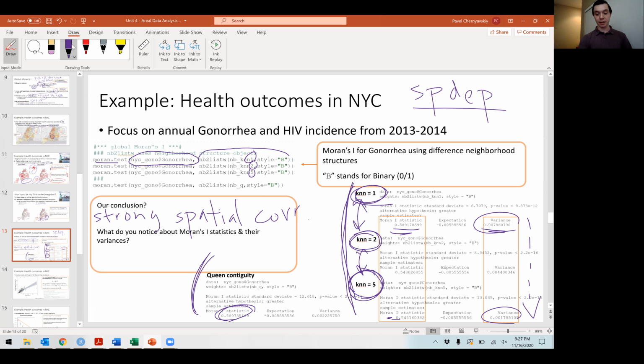It's the largest of the three. And the variance is somewhere in between 5 and 2 nearest neighbors. So in this case, it doesn't matter which neighborhood structure we go with.